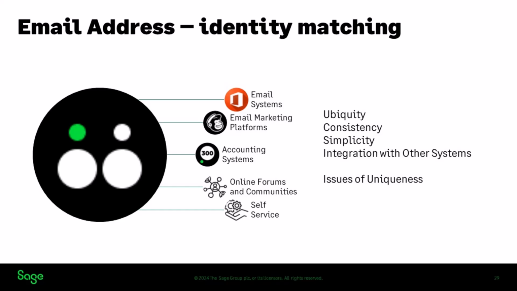And so email addresses are consistent. They are a very useful tool for that reason. And they are simple after all. Everyone understands what an email address is, and so matching is very, very easy between the systems.